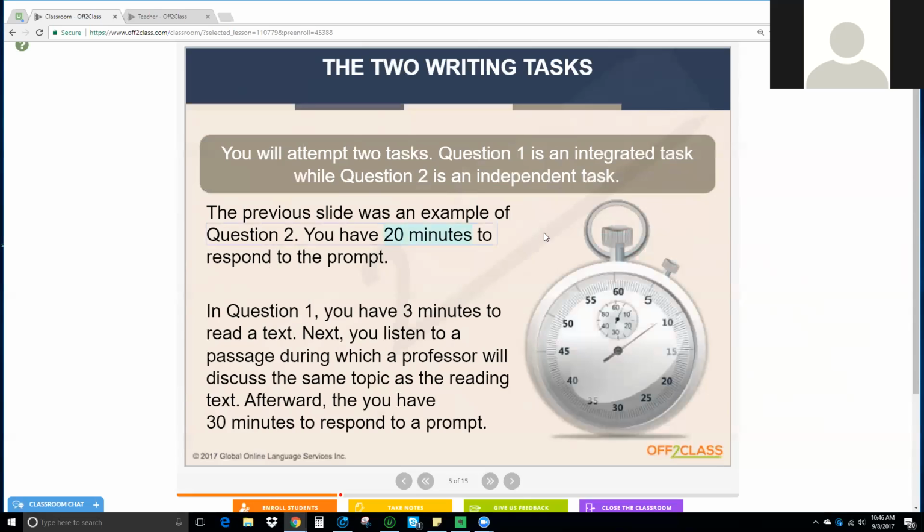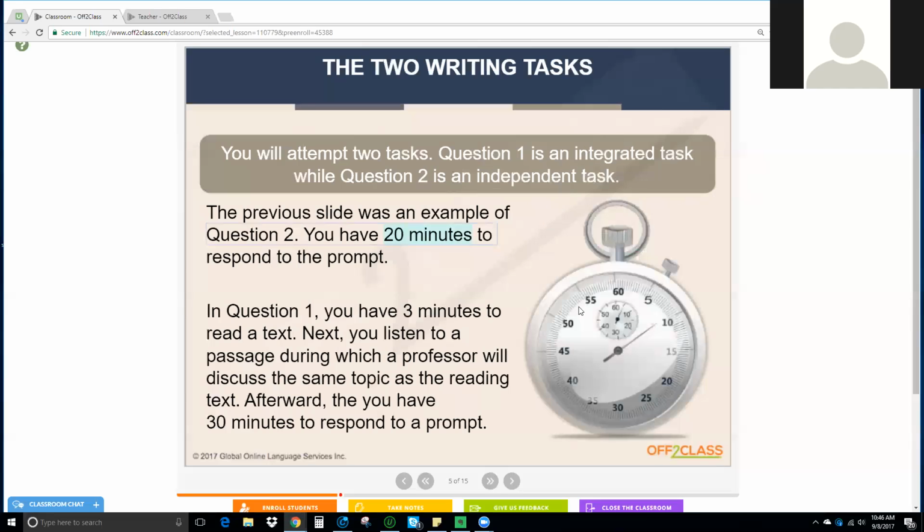So you ideally would take a few minutes, not too long, as quickly as you can, to structure some sort of outline for your response. Write down some ideas, some keywords, and then the rest of the time to give your response.